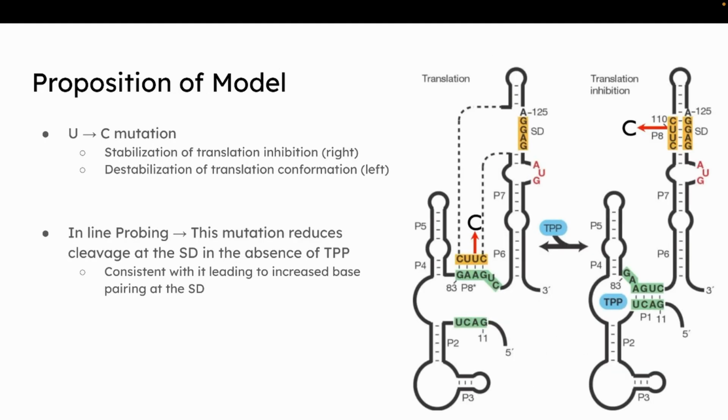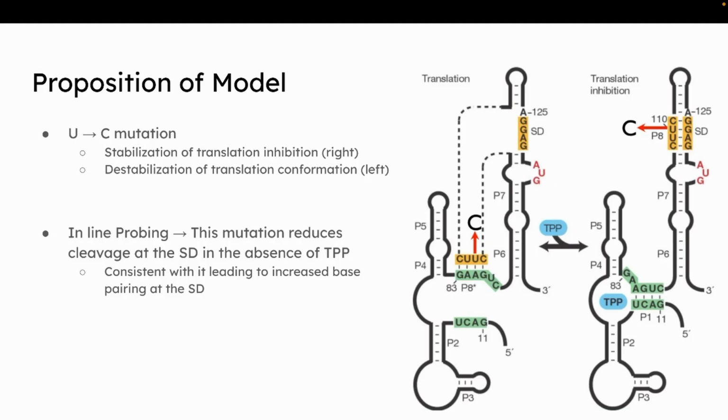And so this suggests that there is a change in conformation where the strand that would usually bind to the Shine-Dalgarno sequence actually binds to a different place on the mRNA, opening the Shine-Dalgarno sequence. That was the key breakthrough. And in-line probing also showed that when you add this mutation, you reduce cleavage at the Shine-Dalgarno sequence, which more confirms that, yeah, it does form double-strandedness at the Shine-Dalgarno sequence.